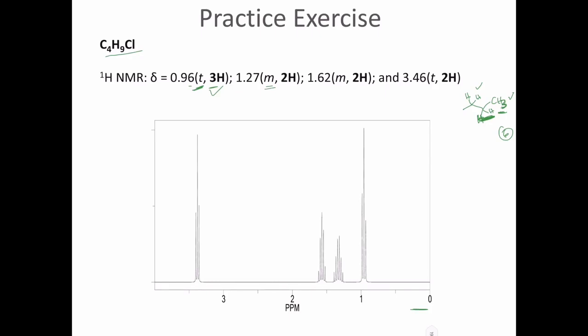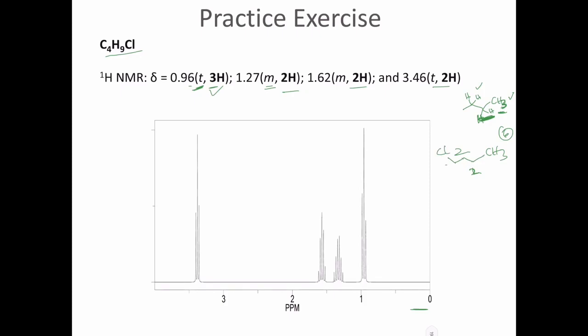So that means we indeed have something like that. CH3, then these 2 protons over here. Then we have those 2 protons. So we have a multiplet, and then we have another 2 protons. And then we have a Cl. So 1, 2, 3, 4.